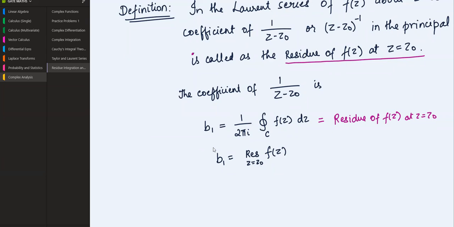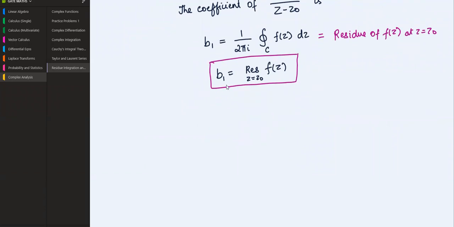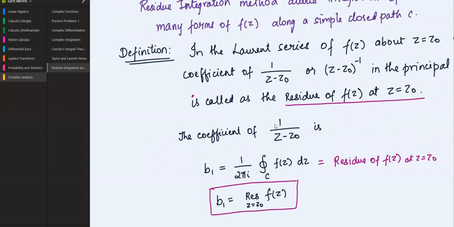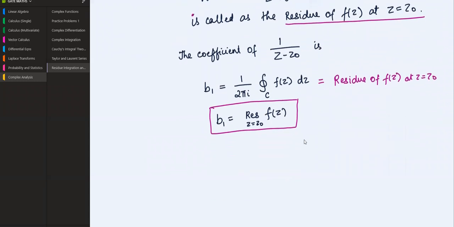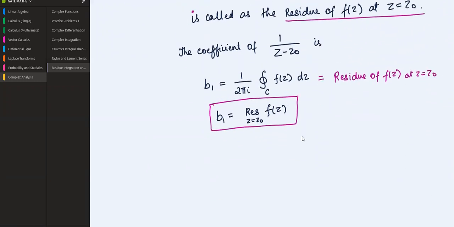So it is the coefficient of 1 by z minus z naught in the Laurent series expansion.